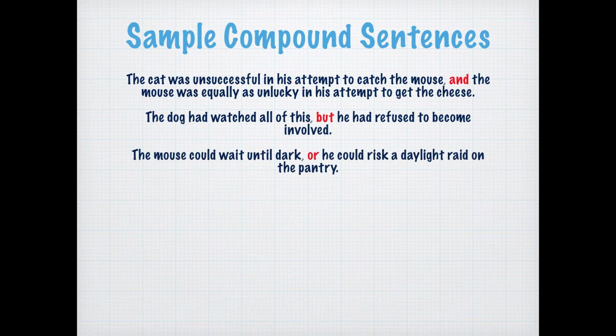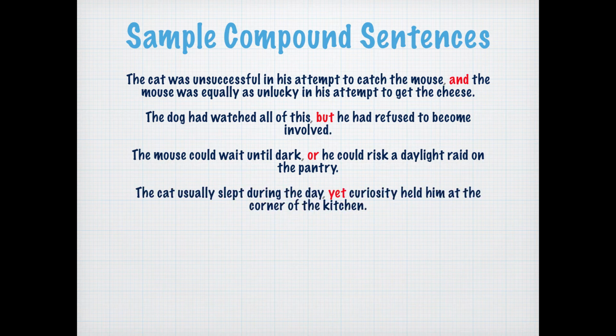The mouse could wait until dark, comma, or he could risk a daylight raid on the pantry. The cat usually slept during the day, comma, yet curiosity held him at the corner of the kitchen. Coordinating conjunctions are and, but, or yet in these compound sentences.